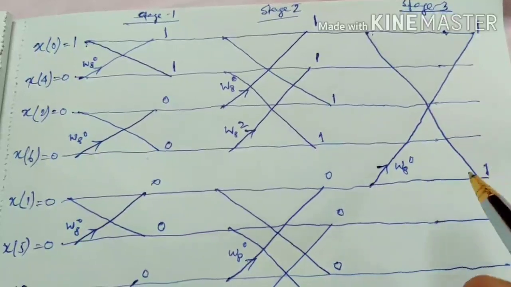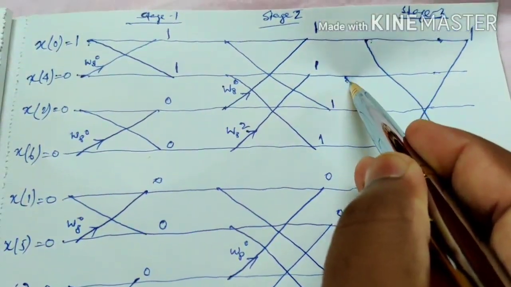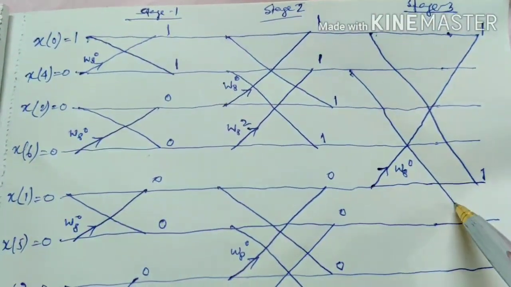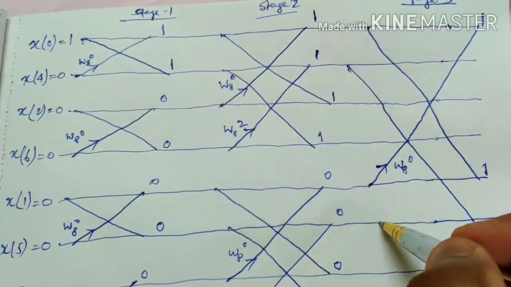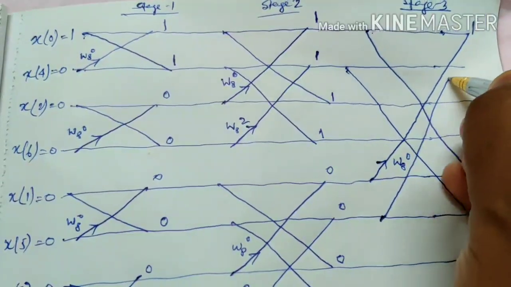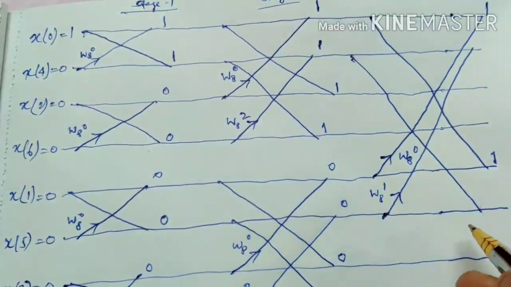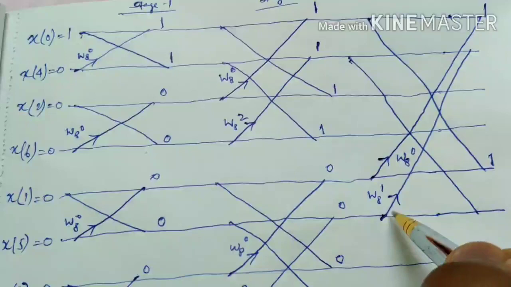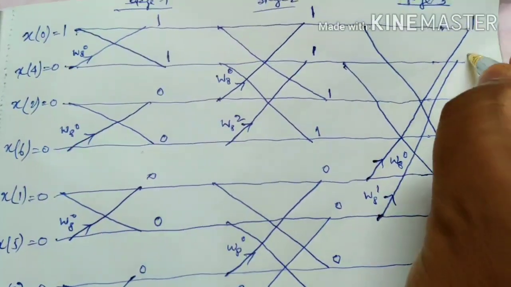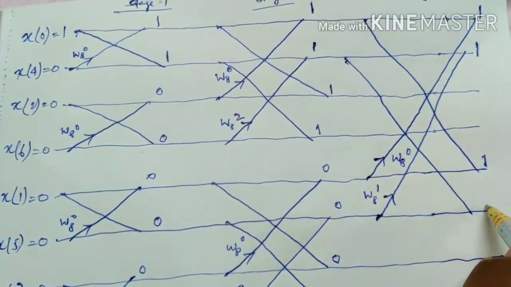Similarly for the next step, omega 8 1, the values are 1 and 0, so the outputs will be 1 and 1.